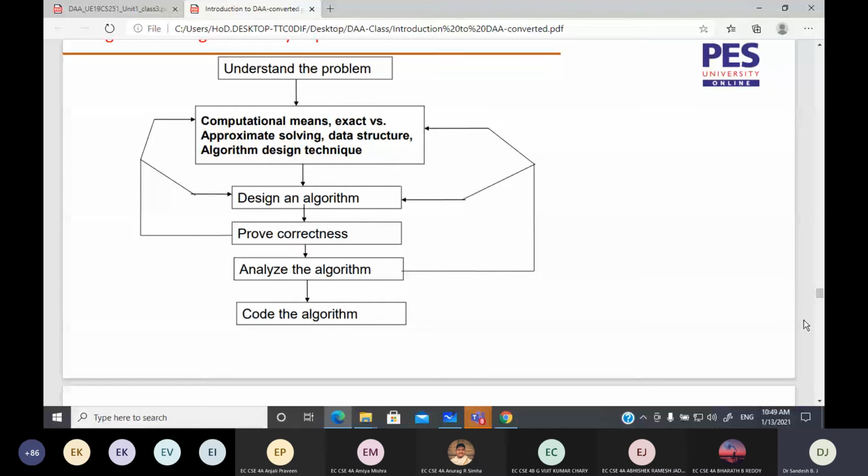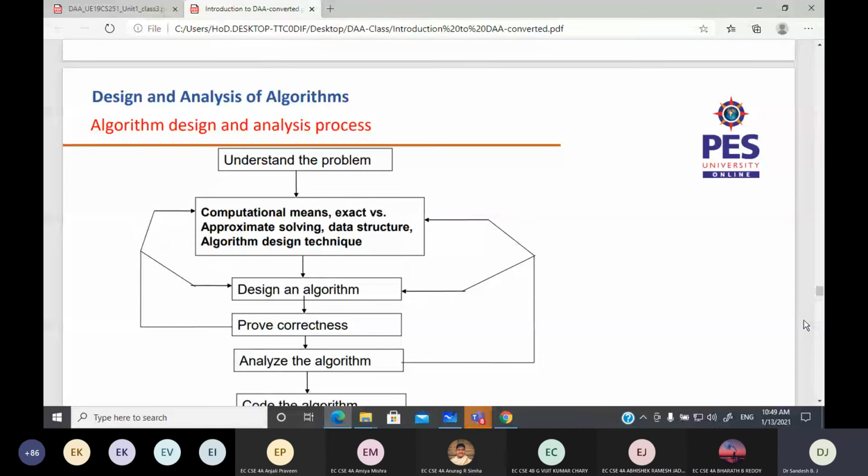This is the detailed process of algorithm design and analysis. First you take the problem, then use a design technique to design the algorithm, then you check the correctness. In the mathematical way, you use induction to prove the correctness as well. Then you will analyze the algorithm for the performance both in time and space.